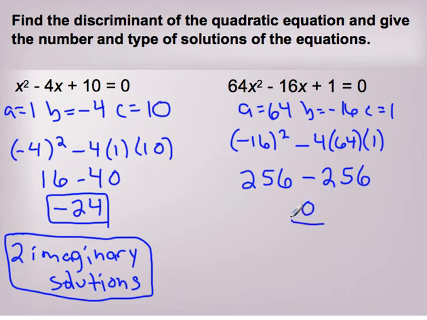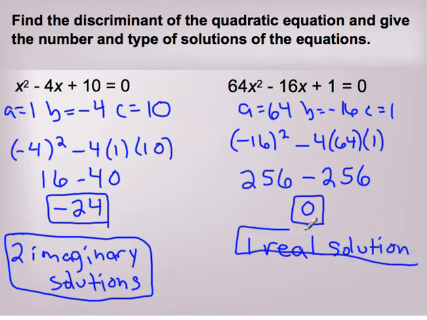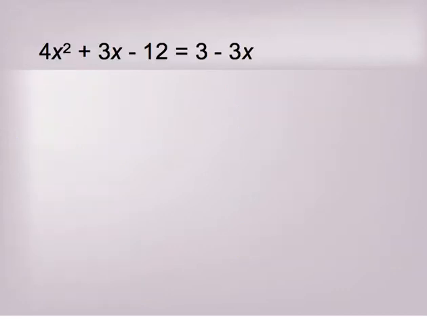So the discriminant this time is 0. So underneath the square root, I would have 0. That basically gets rid of the plus or minus in the quadratic formula, which means that I only end up with one real solution. Okay? So there's the discriminant, and the type and number of solutions.